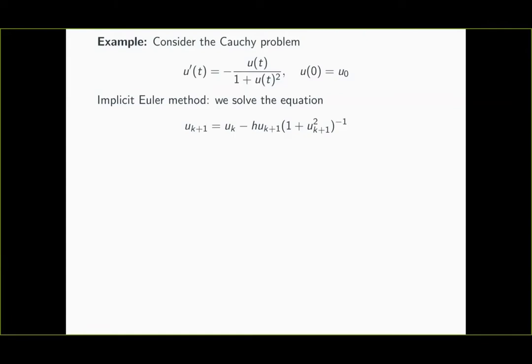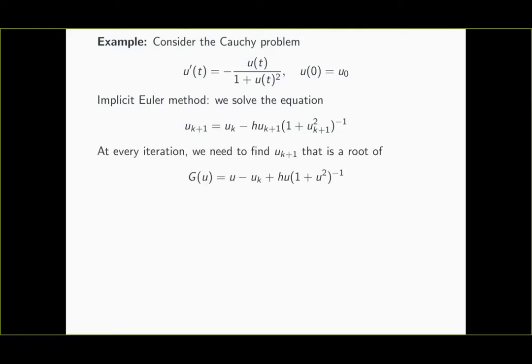Now, the implicit Euler method for some step size h can be set up as follows. The equation at each iteration step is u_{k+1} equal u_k minus h times u_{k+1} multiplied with (1 plus u_{k+1} squared) to the minus 1. Solving that equation can be rephrased as finding the root of a function.